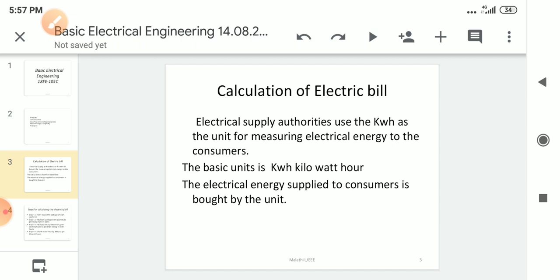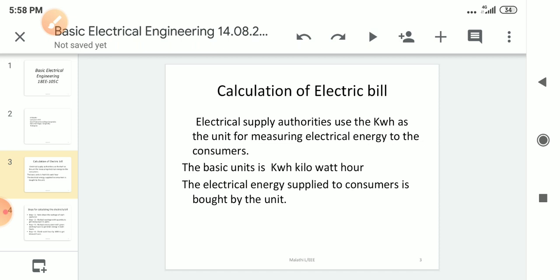Let's see the step-by-step procedure of the calculation of this electricity bill. What are the steps involved in this calculation of the bill? Then only we are able to solve some numerical problems for monthly bills. Here the electricity authorities use the kilowatt hour for measuring this electrical energy.